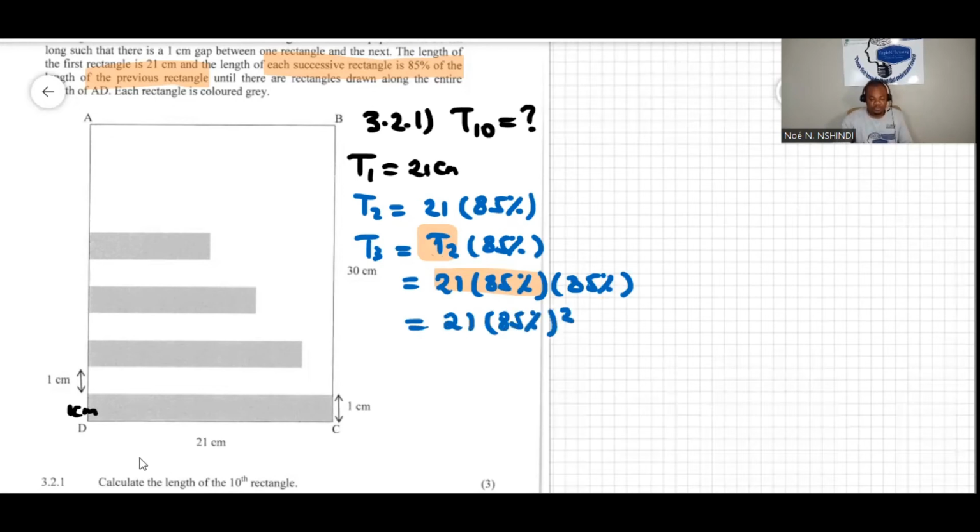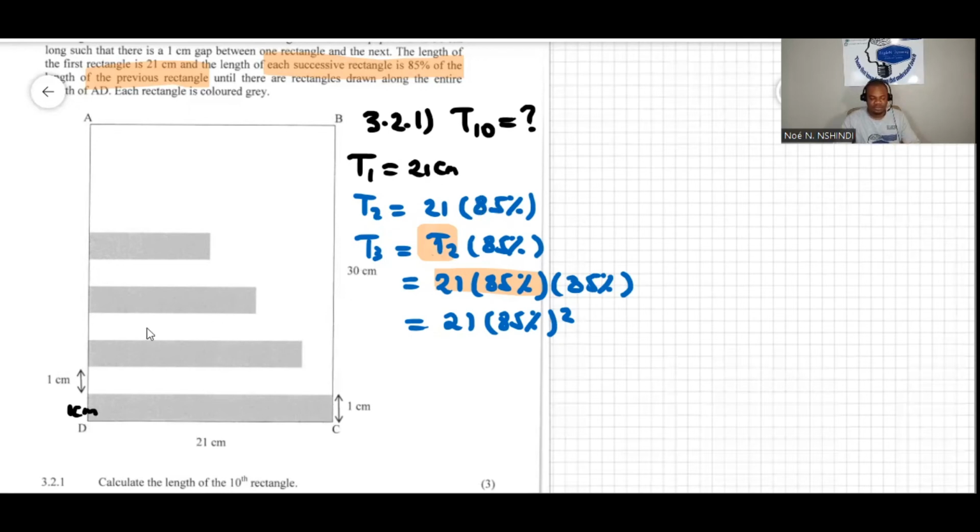Let me go over it one more time. The length of the first rectangle is 21 centimeters. The second rectangle must be 85% of this 21 centimeters, so to get 85% of this amount, we do 21 times 85%.